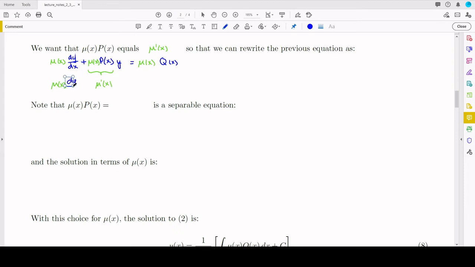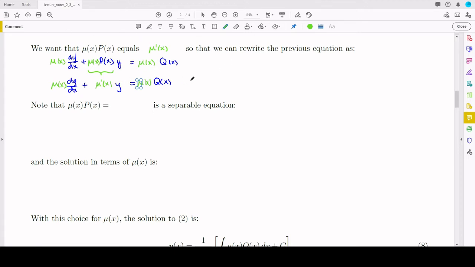Mu of x times dy dx plus mu prime times y equals mu of x times q of x. And what you see here is a product rule, right?